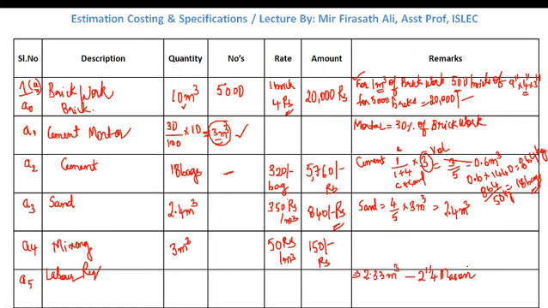Similarly, for 10 meter cube, how much do we require? For 2.33 meter cube, we required 2 1/4 masons. If you cross multiply this, you will get the values. The first one is mason.